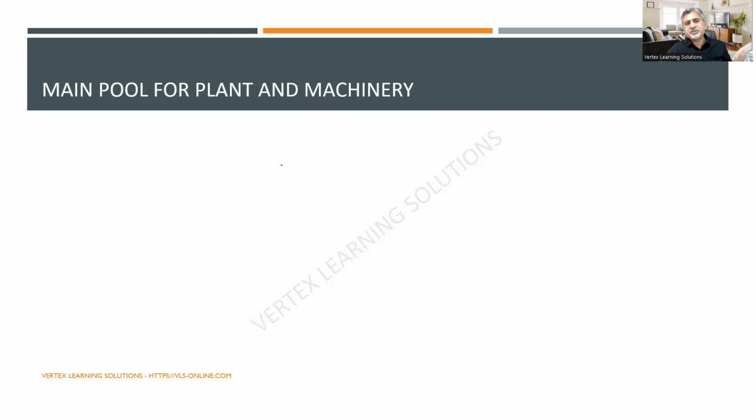Main pool for plant and machinery. All the different types of plant and machinery we put together, and we call it the main pool. Qualifying expenditure: what can go into the main pool?